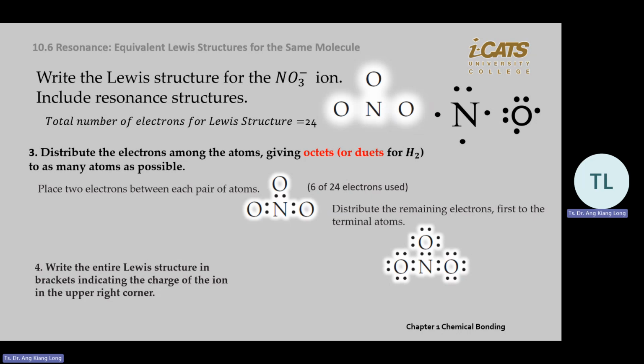Then you donate the electron balance. From here, you know how many resonance structures you can form by just looking at this one. You can form another 2 different ones. One set is this one sharing here, one set is top share, one is right share. So you have 3 answers. Okay, so how do you do it?